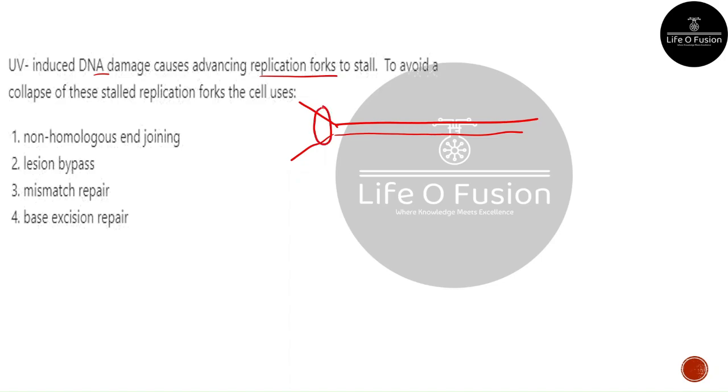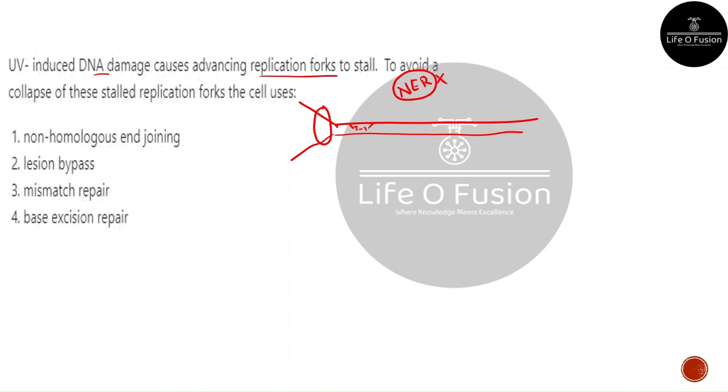UV damage means formation of thymine dimer. This thymine dimer is usually repaired by nucleotide excision repair, or it can't be repaired by any other repair system. During DNA replication, NER doesn't work.